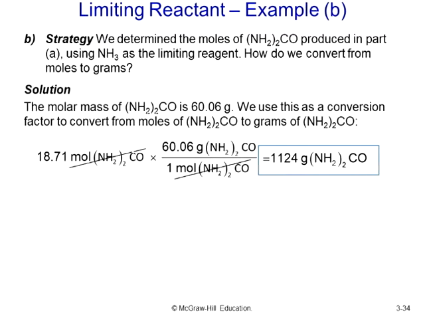So we take the 18.71 moles, we do a dimensional analysis where we use gram per mole as the conversion factor because gram per mole will allow us to get to grams from moles. We do the conversion and we obtain 11.24 grams of urea.